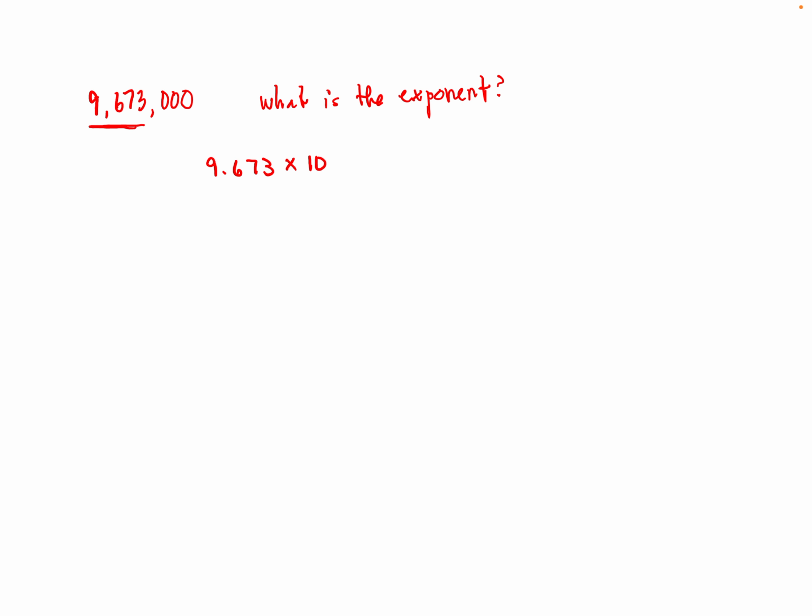So I would start from where the decimal place exists in the real number, and then we're going to move it back to the position right in front of the 9. Right, so we need to go 1, 2, 3, 4, 5, 6 places. So that is going to be our exponent for that number, or 6. So your answer here should have been the 6. Is that making sense? All right.